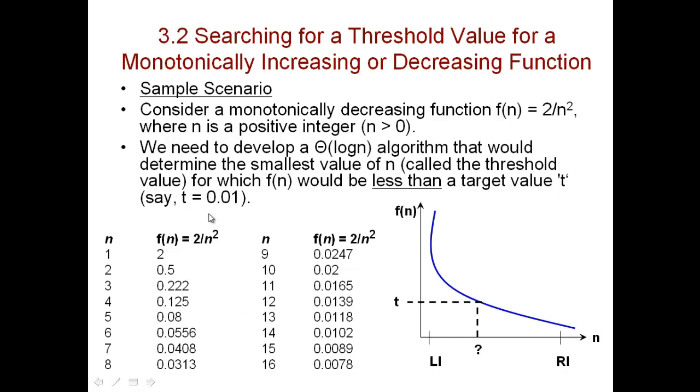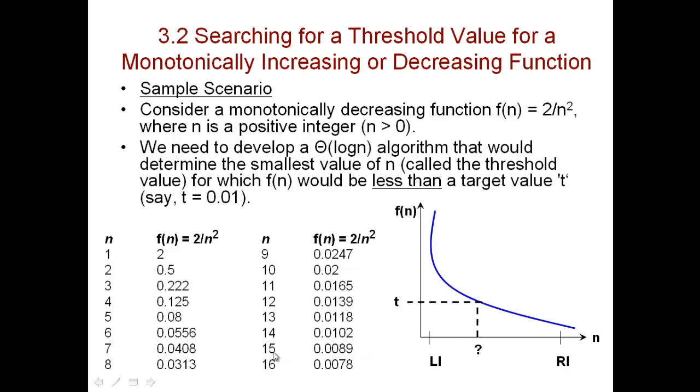we want to find the smallest value of n for which the function value would become less than 0.01. Now, with a brute force approach, you could write the different values of n starting from 1, 2, 3 like this, and find the function value f(n). It starts from 2 and keeps decreasing, so you have to find for what value of n the function value becomes less than 0.01.